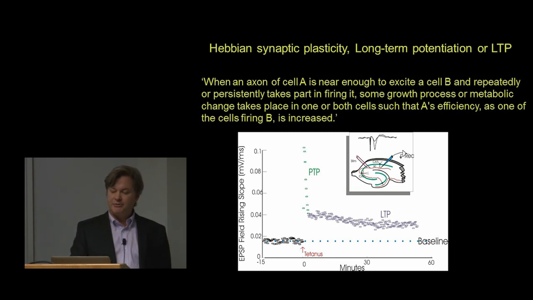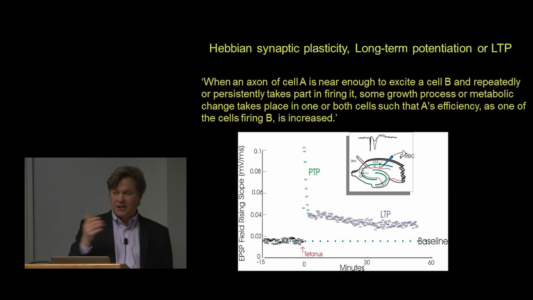There's a very brief phase, which is short-term plasticity, PTP, post-tetanic potentiation, which had been well known. But the new phenomenon was long-term potentiation. Over the course of many minutes, the synapses are strengthened.